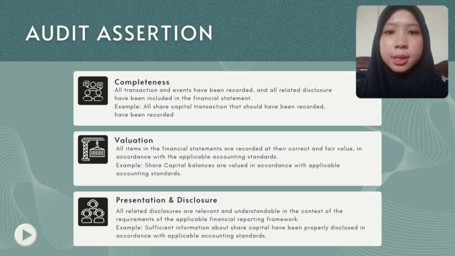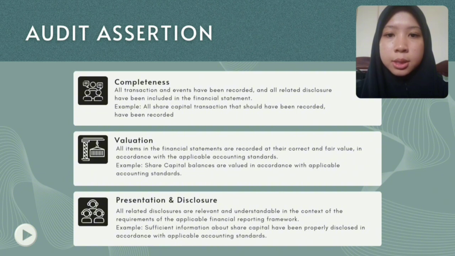For example, all share capital transactions that should have been recorded have been recorded. Next, valuation. All items in the financial statements are recorded at their correct and fair value in accordance with the applicable accounting standards. For example, share capital balances are valued in accordance with applicable accounting standards.